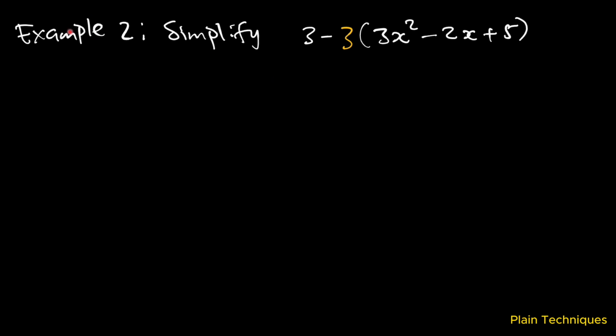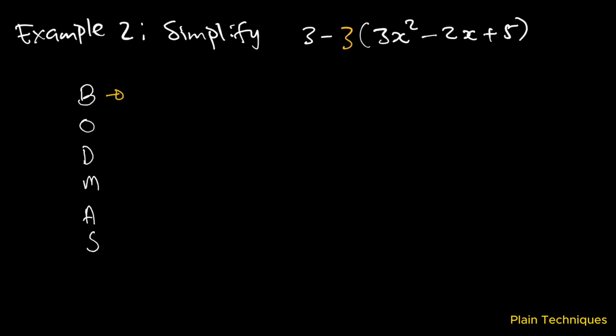All right, example number 2. Simplify this expression, right? The first thing that you need to know is what we know as BODMAS, right? So it's BODMAS, right? So what does it mean?